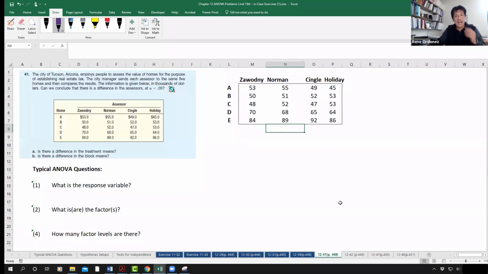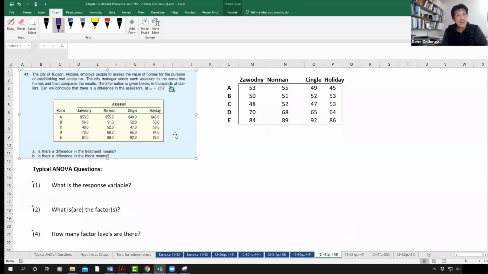All right, so let's look at 1241. The city of Tucson, Arizona employs people to assess the value of homes for the purpose of establishing real estate tax. The city manager sends each assessor to the same 5 homes, then compares the results.